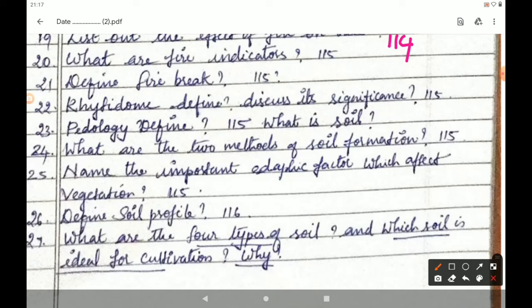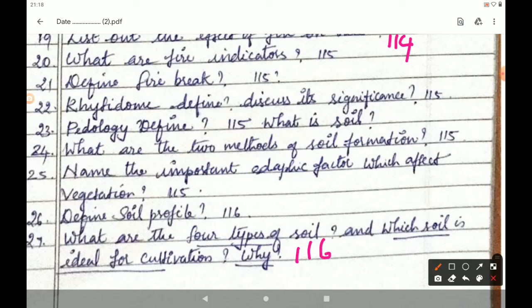Next, the 27th and last question of this session is: what are the 4 types of soil and which soil is ideal for cultivation? Why? The answer is given in page number 116.